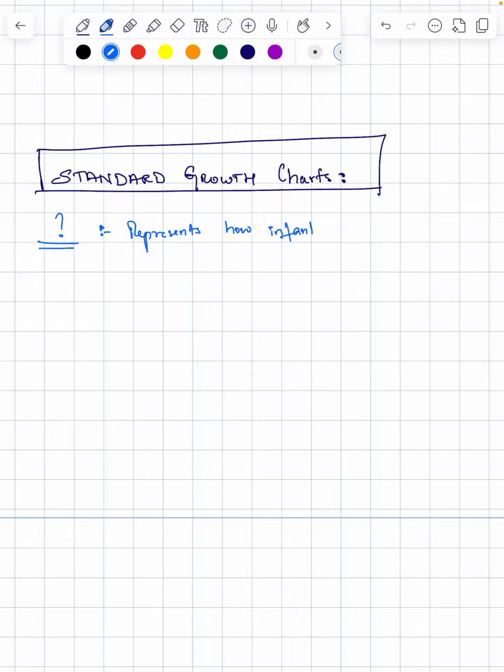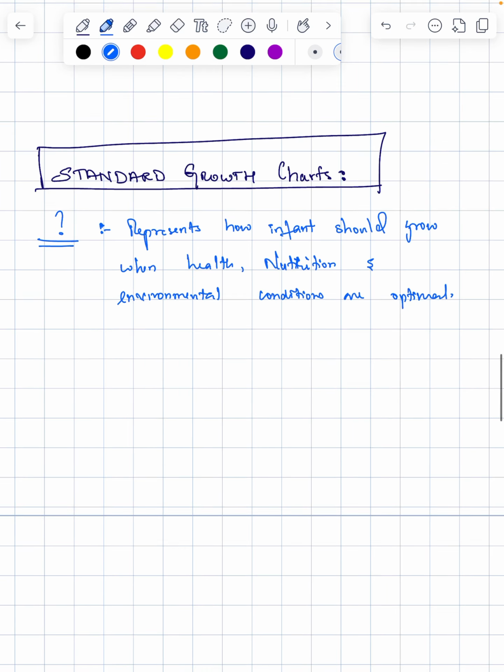Right? This is your standard growth chart.